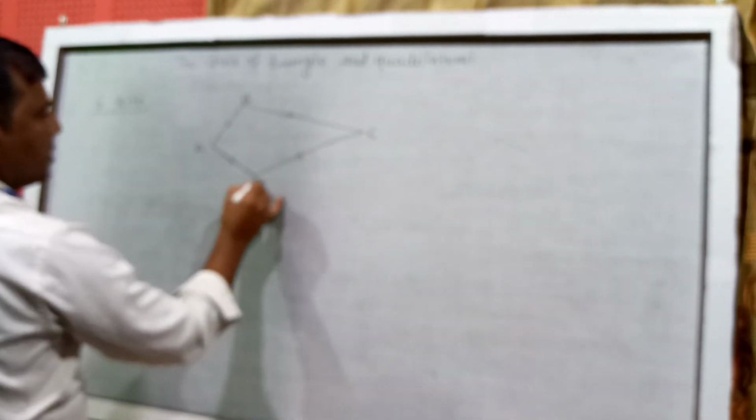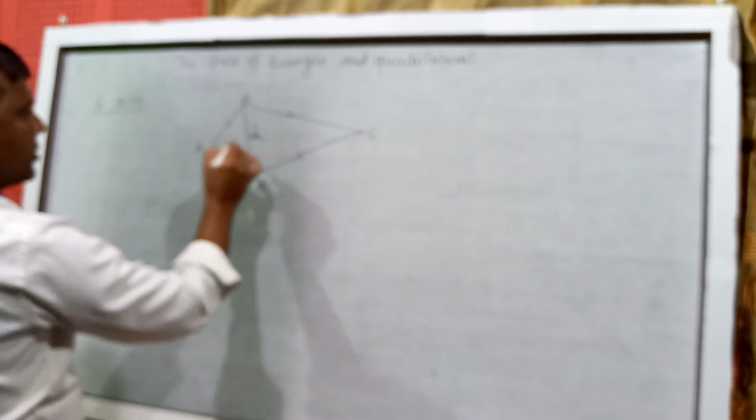This is a kite. Its adjacent sides are equal. This side and these sides are equal, and this side and these sides are equal. A, B, C, D. This is a kite whose adjacent sides are equal. BC equals DC and AB equals AD.